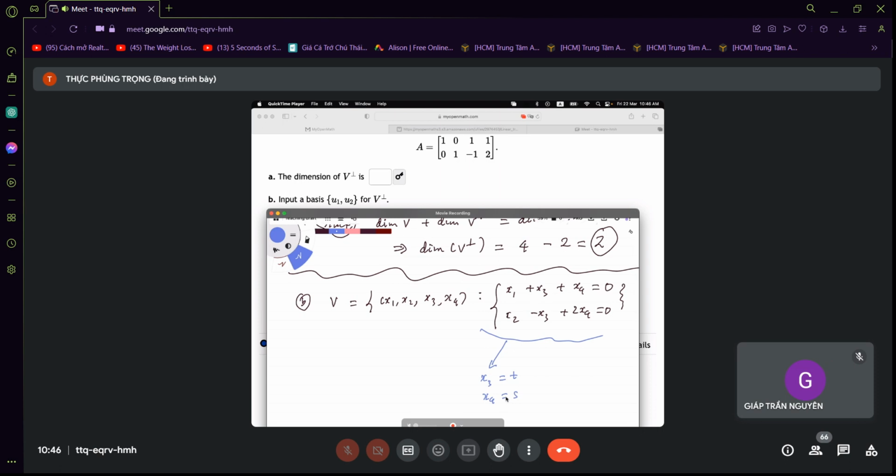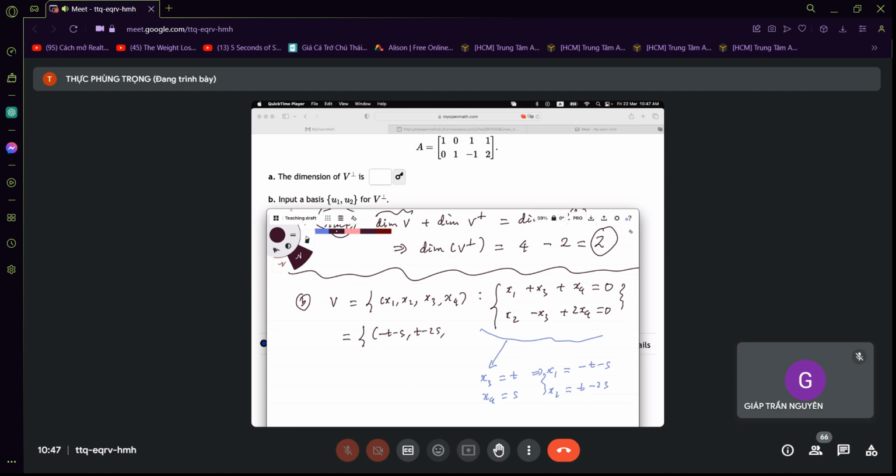So from here, you get S1, and from the second line, we can get S2 as T minus 2S. Is that right? And now you have this: minus T minus S for S1, T minus 2S for S2, T for S3, and S for S4.